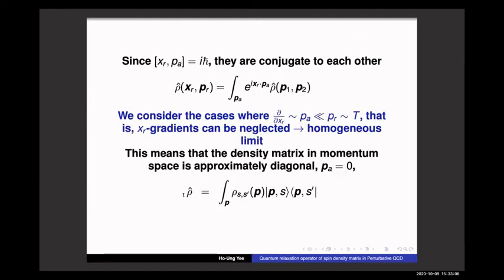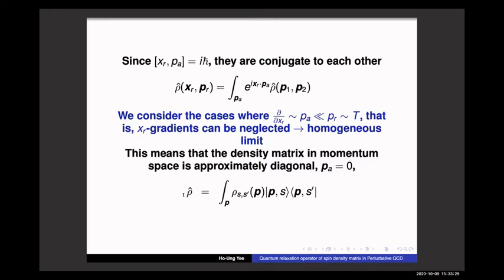Because of this canonical commutator between the R and A variables, we can easily convert this Wigner function back to our density matrix purely in terms of momentum, if you want, by having this Fourier transform between XR and PA.